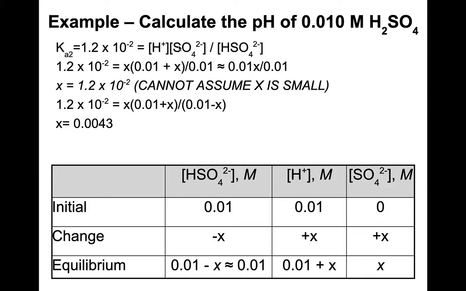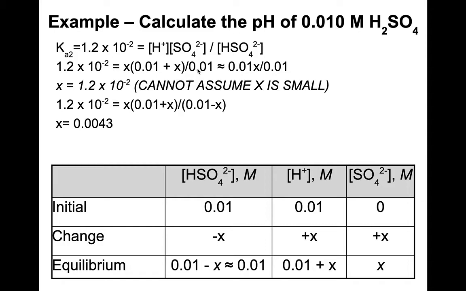The expression is concentration of products over concentration of reactant. And we make these assumptions in two places here. So we have x, our concentration of SO4, times 0.01 plus x, our concentration of hydrogen ion, divided by the 0.01 that we assumed was sufficient for the concentration of HSO4.